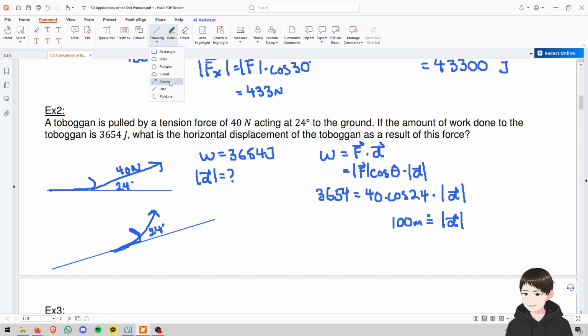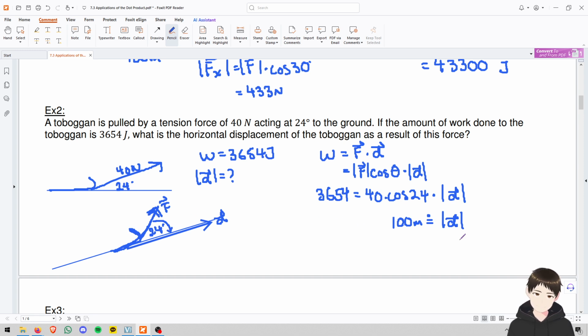In fact, it doesn't. What's my displacement? My displacement is parallel to that hill. So what is the force applied? 24 degrees north of the direction vector, or my displacement. So nothing changes in the calculation. It's still an angle of 24 degrees between the vectors.